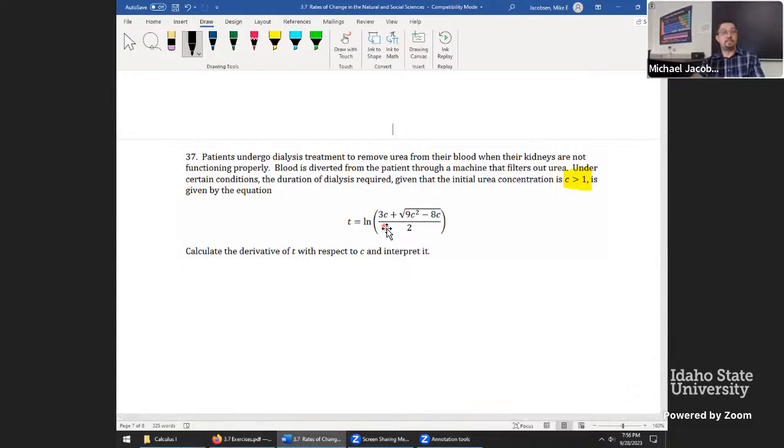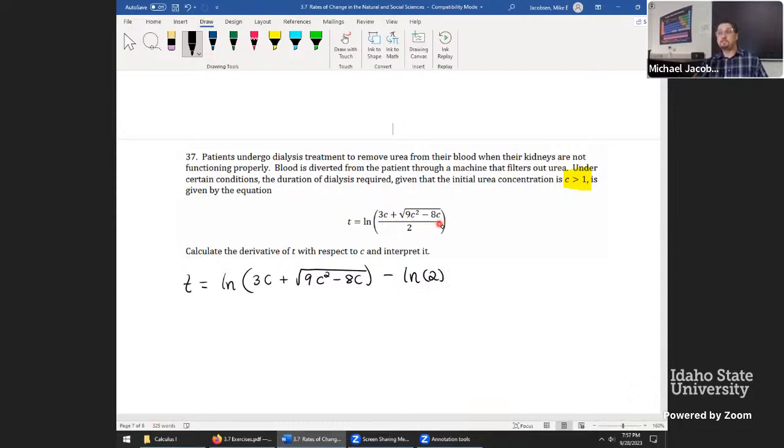There's not a lot of properties we can use, but you can say t equals the natural logarithm of 3c plus the square root of 9c squared minus 8c. Because of the division bar right here, we can also say minus the natural logarithm of 2.